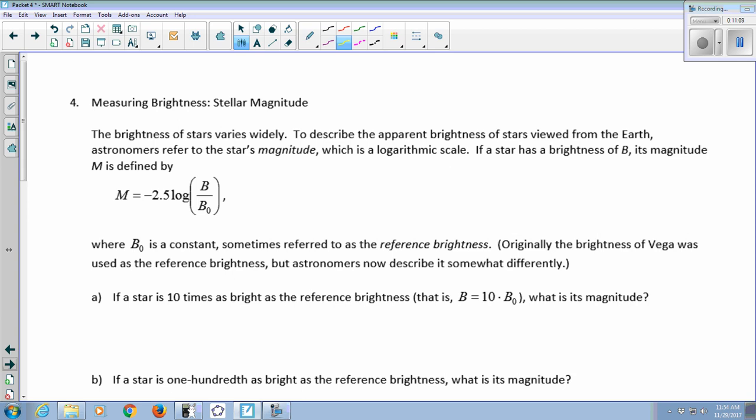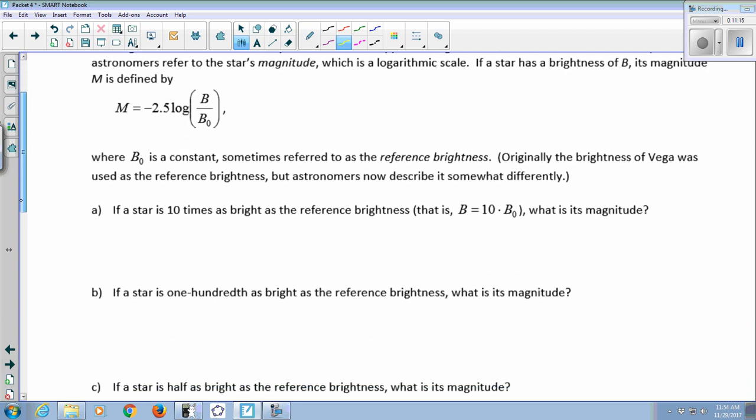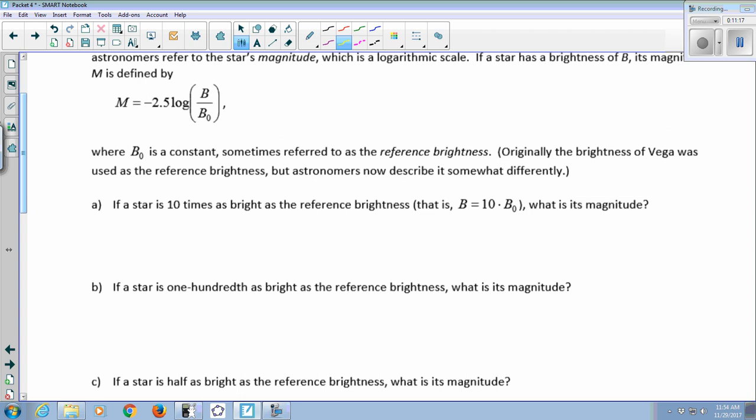If the star has a brightness of B, its magnitude is defined as negative 2.5 times the log of B over B naught. B naught is a constant, the reference brightness. Originally, the brightness of Vega was used as the reference brightness, but it's a little different now, and it doesn't really matter. We're just going to know that it's some constant.